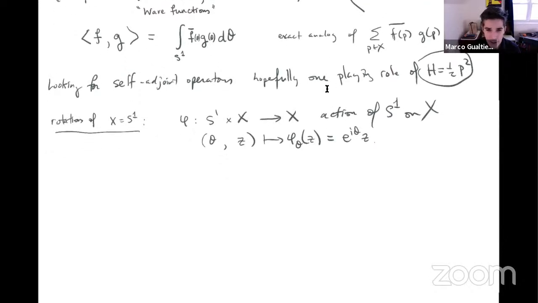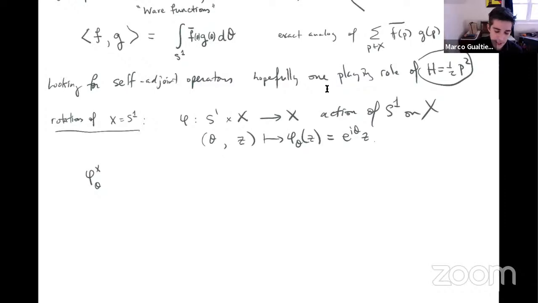And if we look at how this works, the fact that phi acts on X means that I'm going to have a dual action on the functions on X. So let's say that f is now a function on S1.